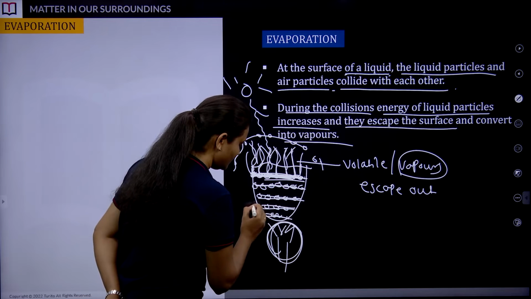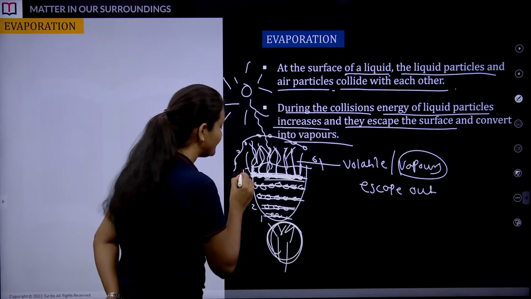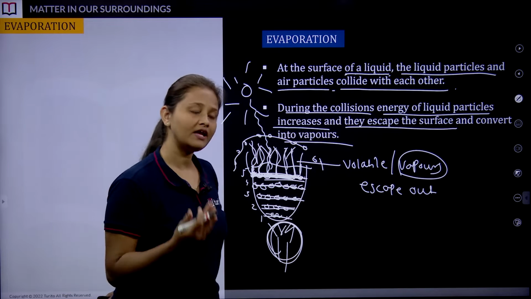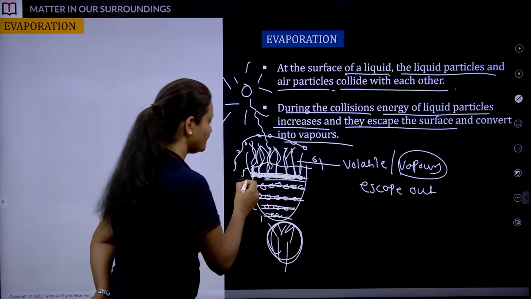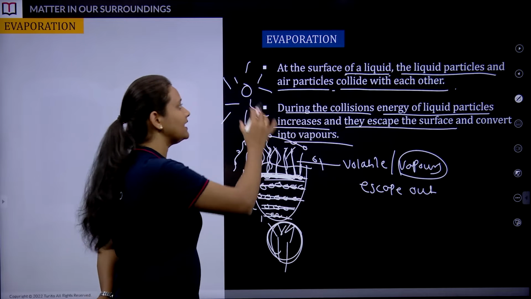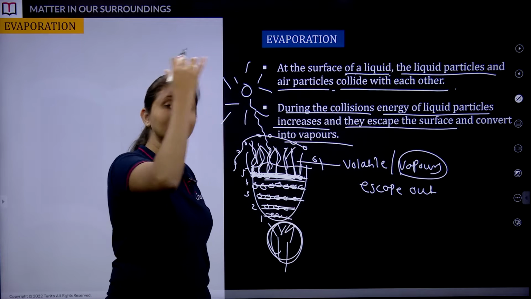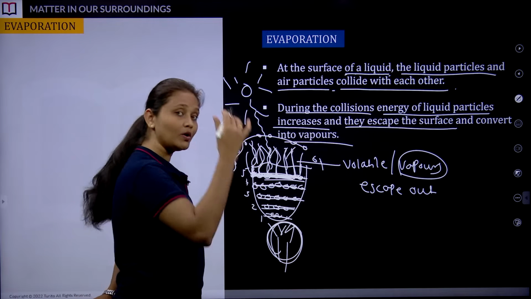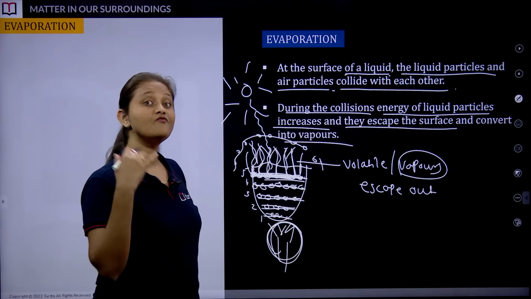Now what do you think? Suppose this is 1, 2, 3, 4 and 5. This fifth layer has vanished. So tell me, which is the next surface layer? Of course, the fourth. Now the fourth layer is getting exposed, it is under sunlight. So now it is its turn to get vaporized, its turn to evaporate.